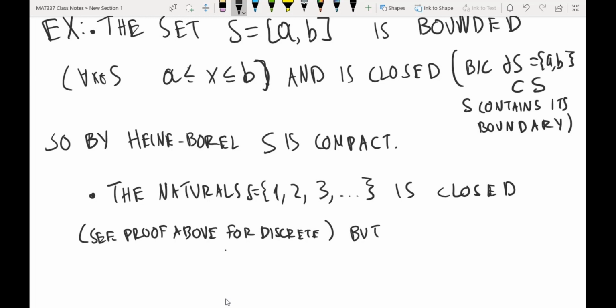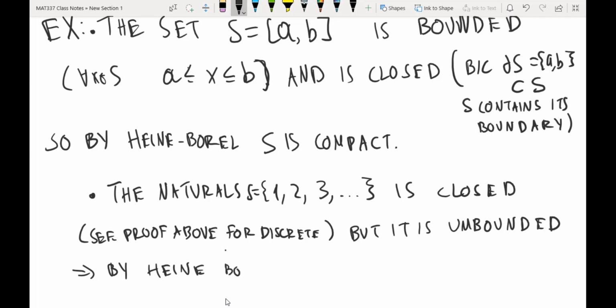But it is unbounded. Hence, by Heine-Borel, the naturals are not compact.